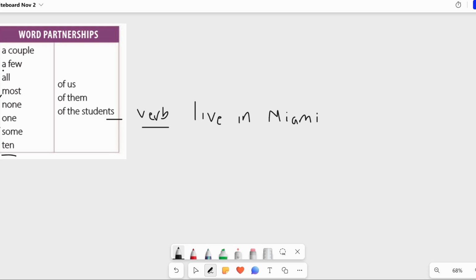Now a few means a little bit more than some, similar to some. A little bit more than some. So in the same way, the verbs go like this.